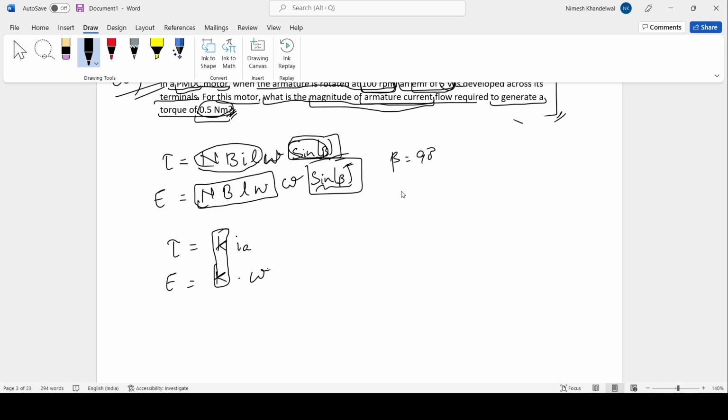Now when you go to see the motors, you'll see two coefficients or two constants that are important. One is the current rating and one is the Kv rating of the motor.